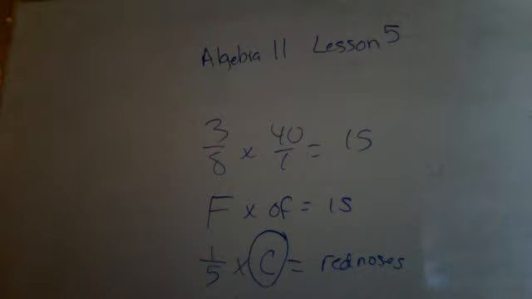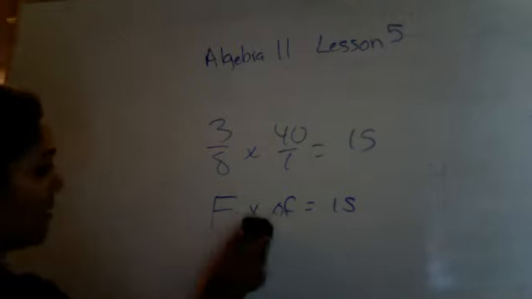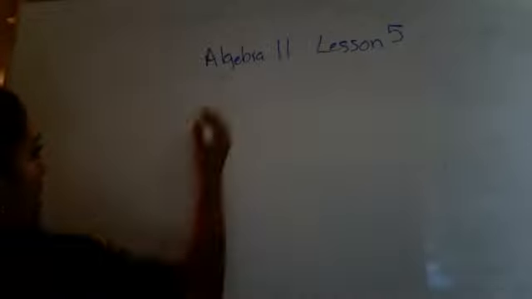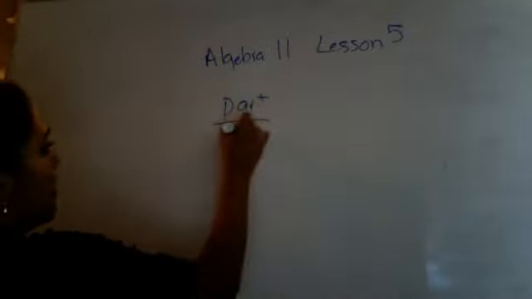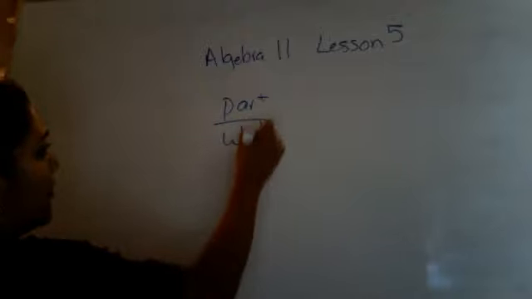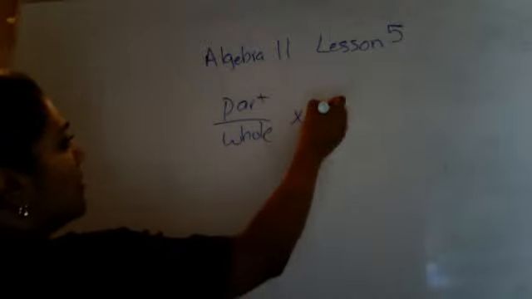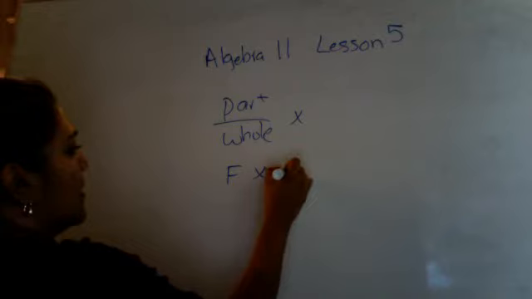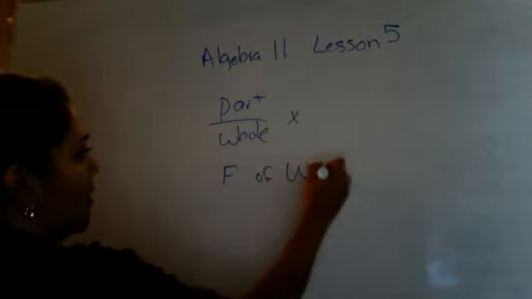Simple as that. Another way of looking at it, which I like to say, even though you use F times of equals is, as your F is the fraction, of is the whole, and is a part. I like to say part over whole as your fraction, and this is of, so you have fraction of whole equals part.